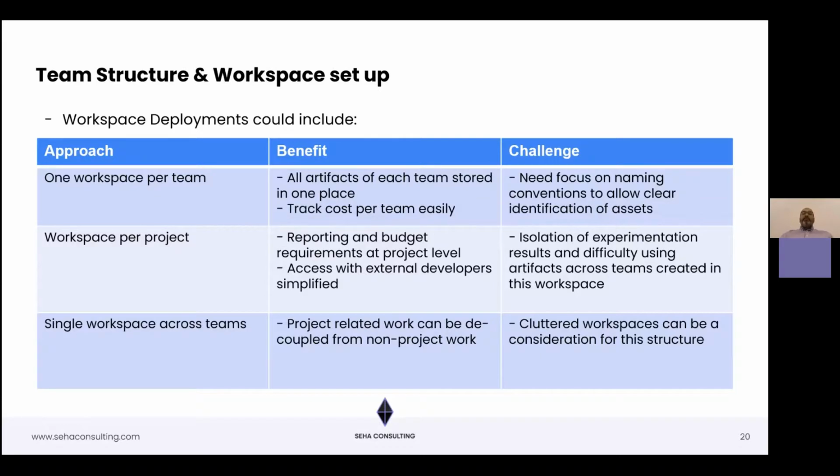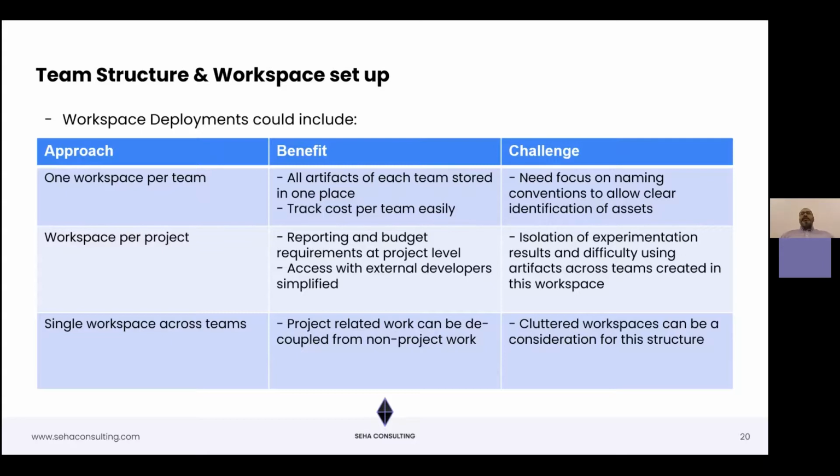Now, compared to the first option of one workspace per team, this probably leads to the most cluttered workspaces, right? You're going to have a bunch of teams using the same workspace, creating experiments and artifacts. There's a big chance of a very cluttered workspace, with people stepping on each other's toes.